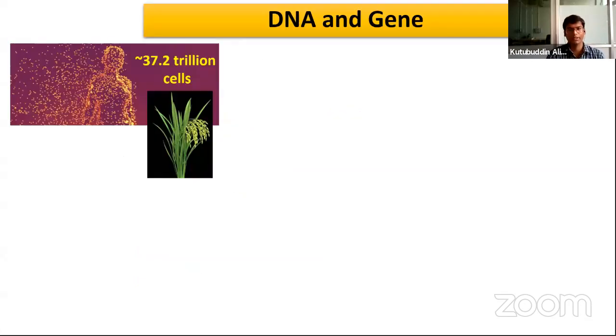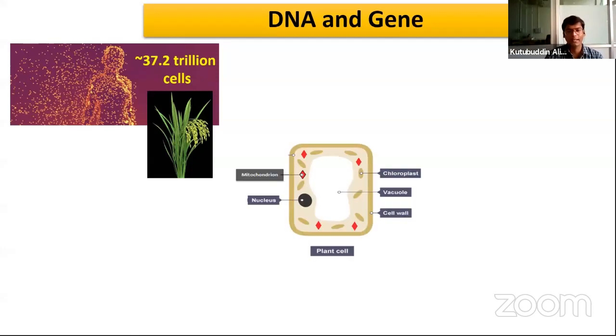Whenever I introduce my slides, I always keep this slide to refresh our idea about DNA and gene. All the higher eukaryotes are composed of trillions of cells, like the human body and also higher plants. If you take an example, this is a plant cell and it has a nucleus.